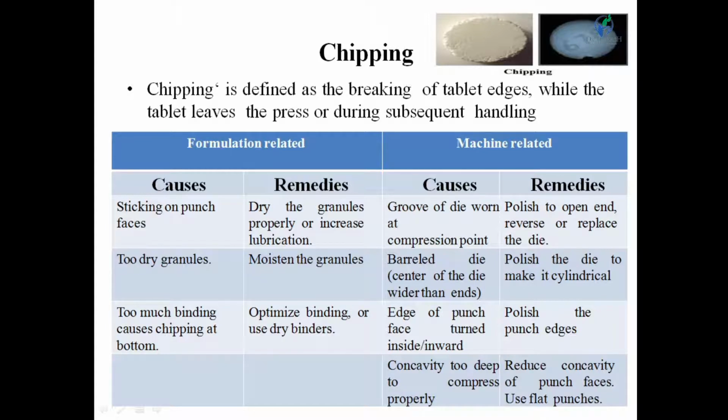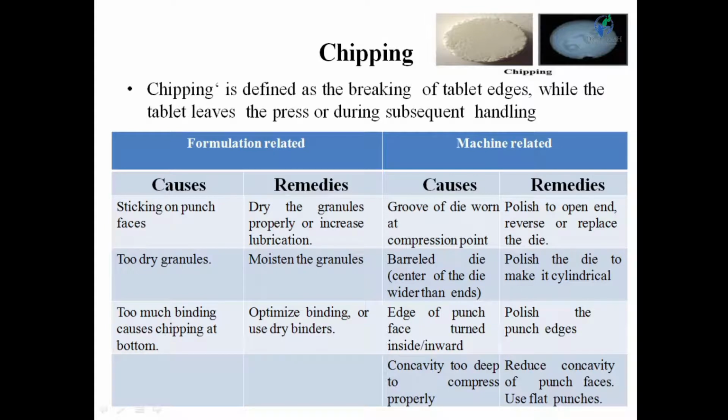First one, sticking on the punch faces. So what is the solution? Dry the granules properly or increase the lubrication to avoid chipping. Next one is too dry granules. So the solution is to moisten the granules properly. Last reason, too much binding, which causes chipping at the bottom. So what is the solution?